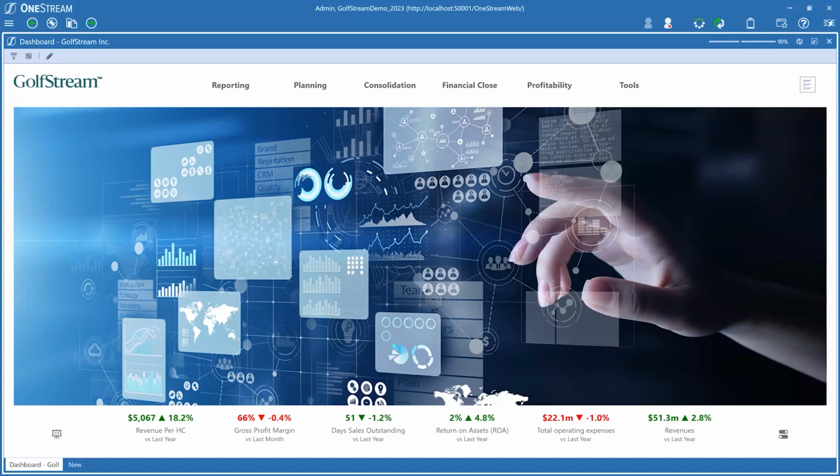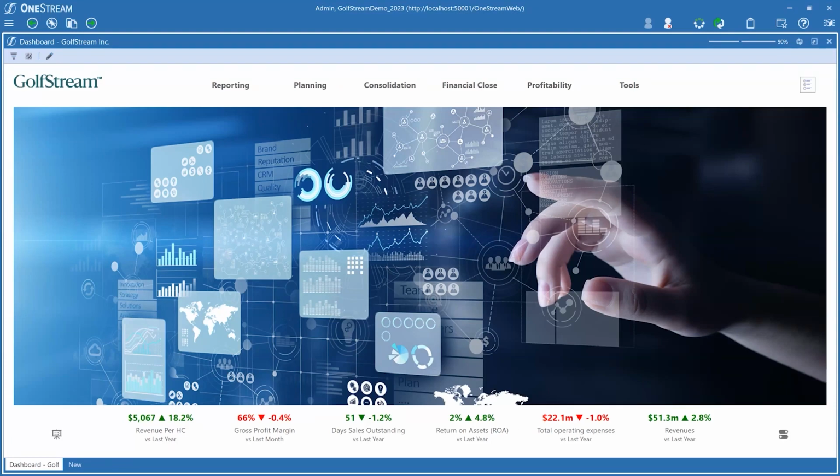So we've jumped into the OneStream platform, and just as I get into the platform, you'll notice I have readily available to me some key performance indicators that I might be looking at on a daily or weekly basis, as far as things like my day sales outstanding metrics compared to last year, things like return on assets, total operating expenses, just sort of metrics that I might be most interested in on the fly right as I get into the platform before I've even started to look at any particular reports.